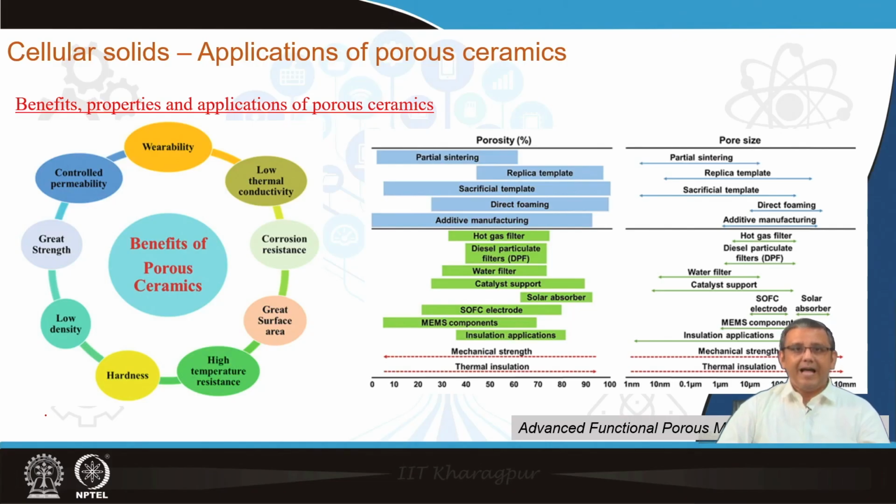So, let us start with the applications of porous ceramics. The left hand side image shows the benefits of porous ceramics and their manifold properties. As we know, ceramics have properties like high strength, high Young's modulus, and also good hardness, wear resistance and so on.